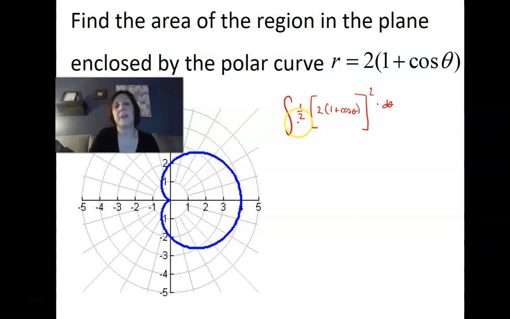And I can even simplify that a little bit. This will be a 4 and this will be a 1/2. So I can pull a 2 out front and then just have a 1 plus cosine theta squared in here.